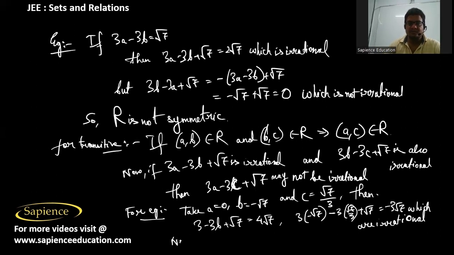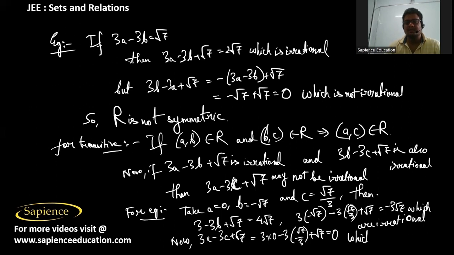Now if you take 3a minus 3c plus root 7, that will be equal to 3 into 0 minus 3 into root 7 by 3 plus root 7. So that will be equal to 0, which is not irrational, since as we know, 0 is a rational number.